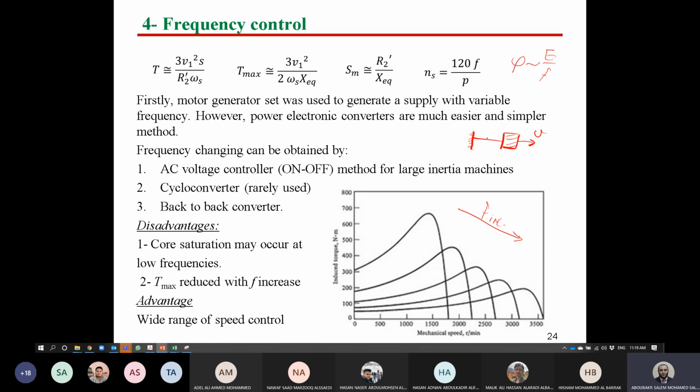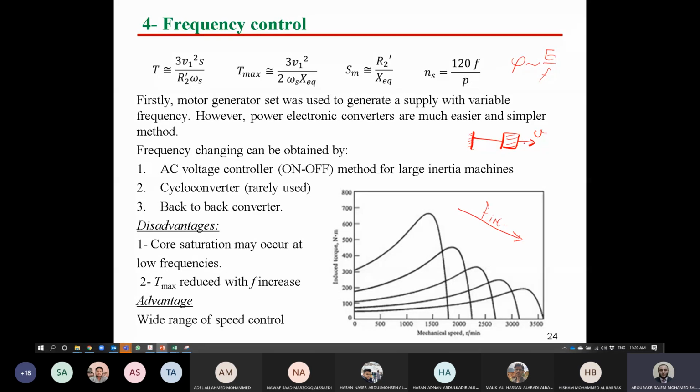If you have high speed here, you will find that this wire will try to reduce the speed of the object. Right or wrong? This is the aim of this wire. Correct? Yes. So this wire here tries to prevent this object from moving. Now, if this wire became weak, what will happen to the object?